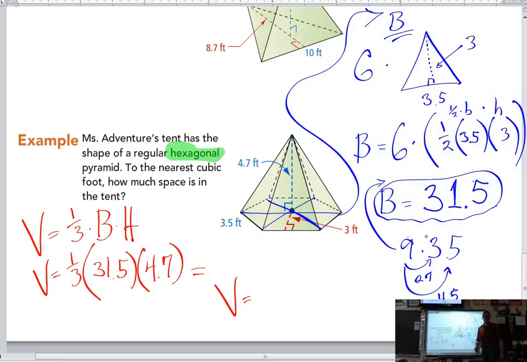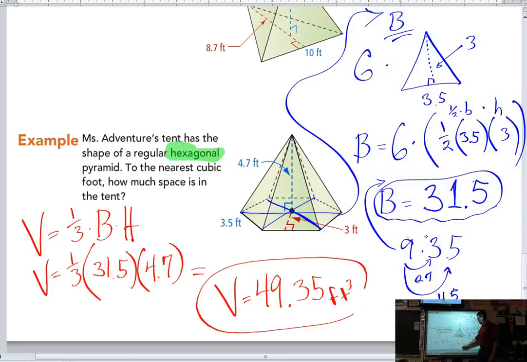In the end, we get our volume is, I heard the same thing said at the same time from multiple people, 49.35. Thank you for the units. It doesn't tell me anything if it doesn't have units. Random thing squared: dogs, cats, pizzas.